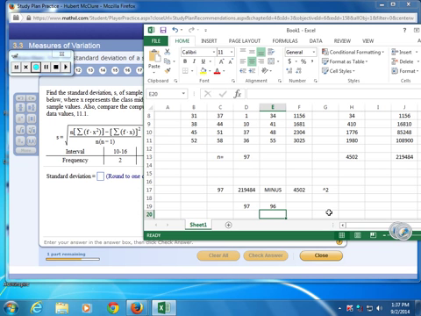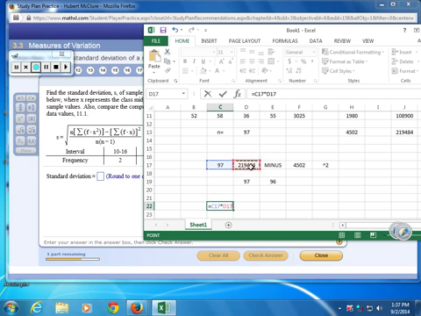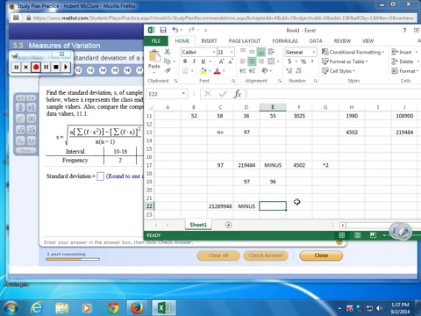Let's crunch those numbers. 97 times that number minus this number raised to the what? Second power? Huh? I feel surprised.